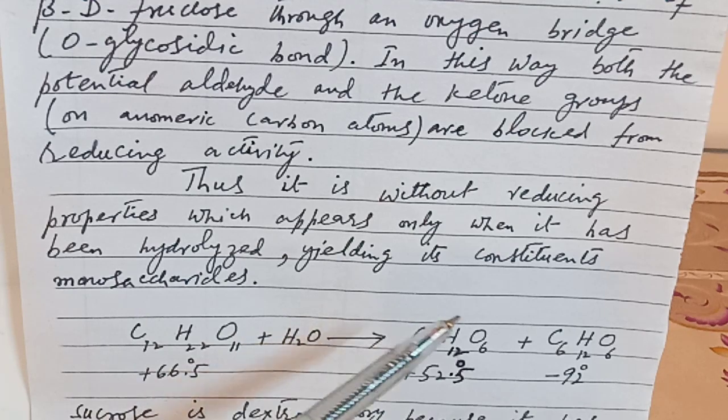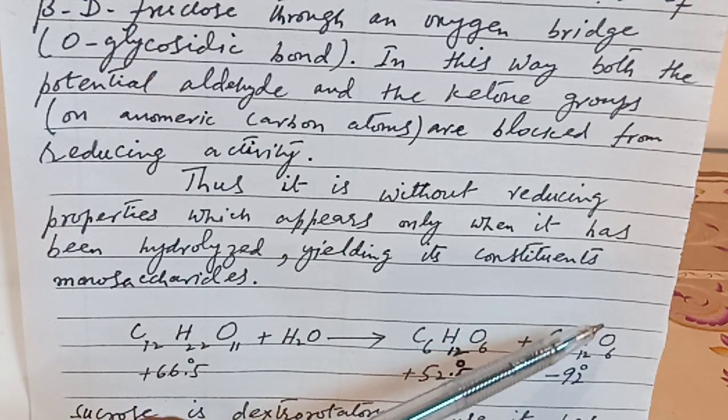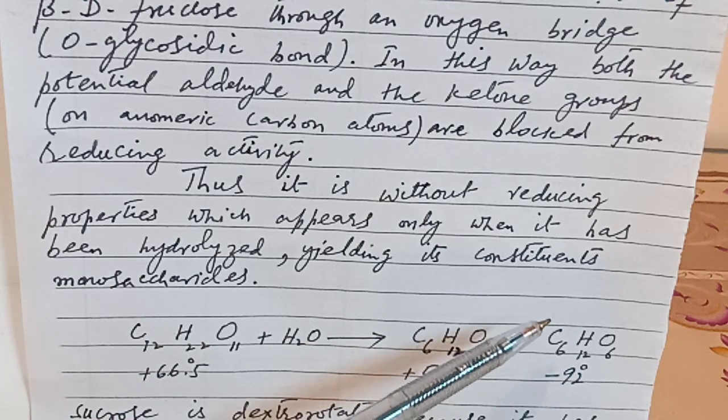So the one component, glucose, has plus 52.5 degrees, and it will rotate plane polarized light in a clockwise direction. That's why this is represented by the plus sign. The other component of sucrose, fructose, will change from its furanose form into its pyranose form.